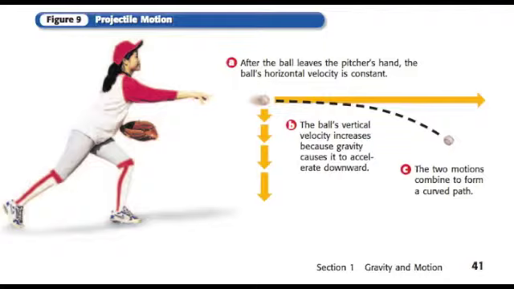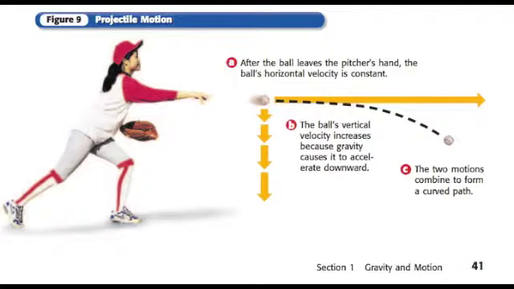Which leads to point B. It says the ball's vertical velocity increases because gravity causes it to accelerate downward. So that means you have a combination of two forces, right? It's also traveling in the right direction because of the pitcher's hand. She's accelerating it to the right, but gravity takes a hold and pulls it downward.